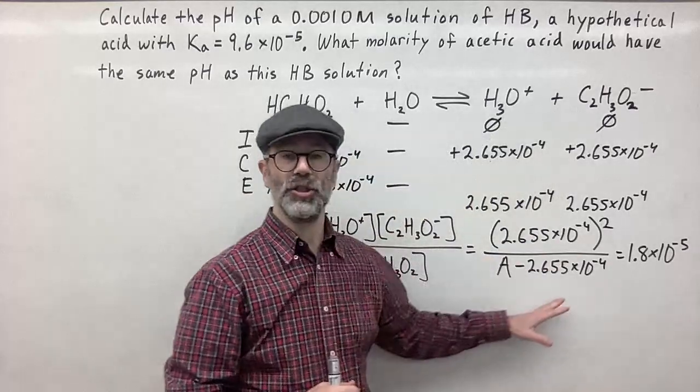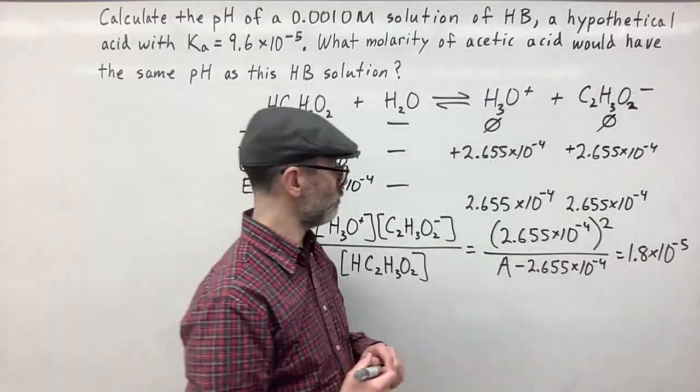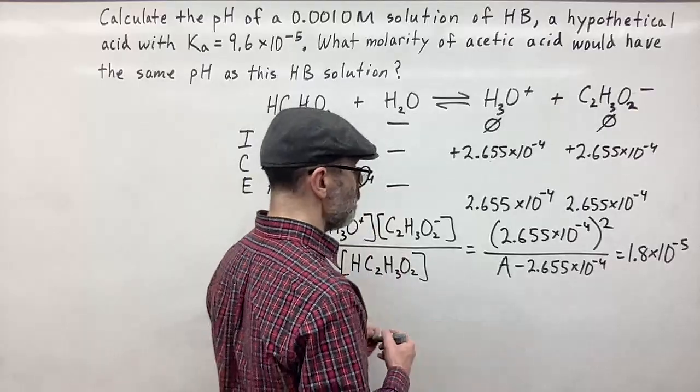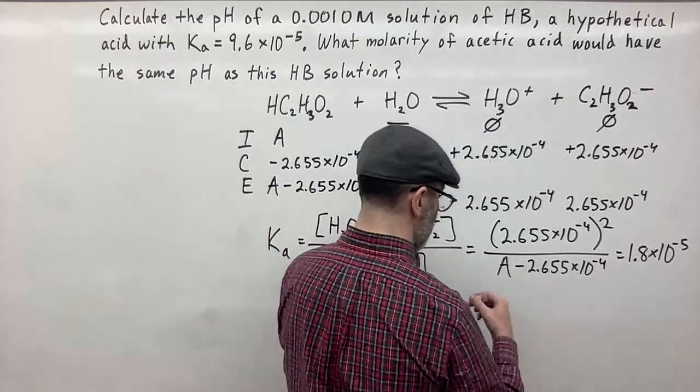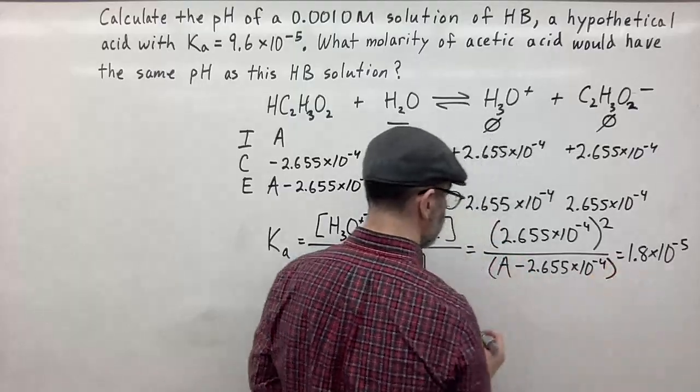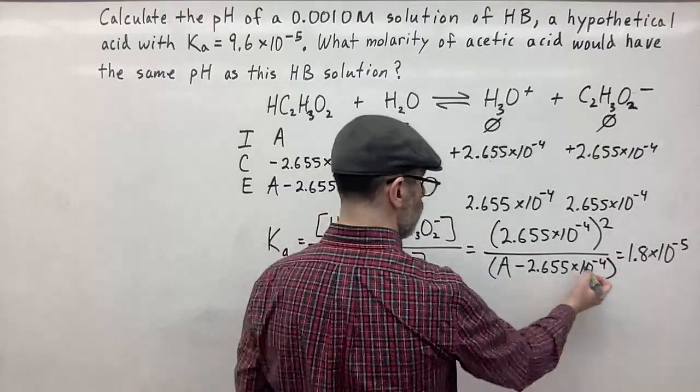And so all we have to do is solve for A, right? So we're going to multiply both sides by the bottom part, so this will cancel out.